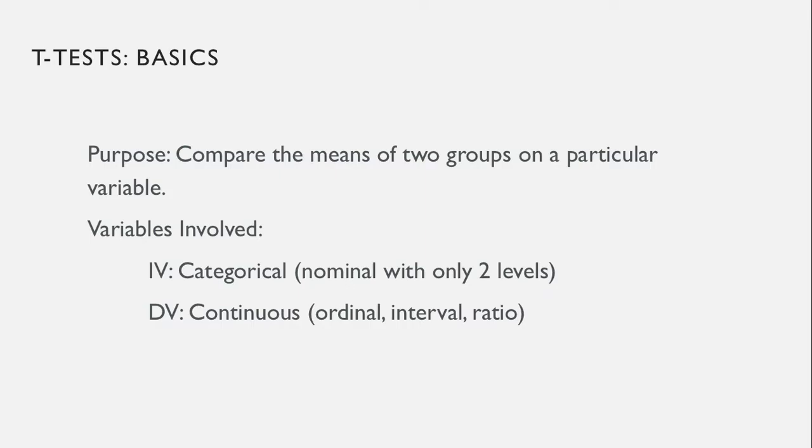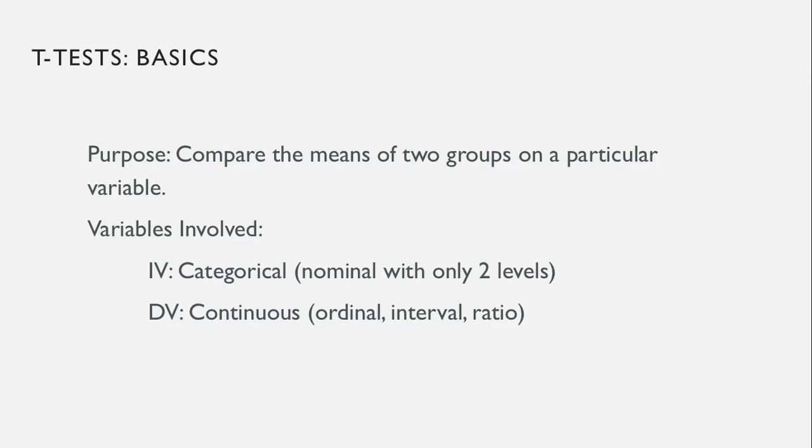If you're using t-tests to compare two different time points, there can only be two time points that you're comparing. No more, no less. You're comparing them on continuous variables. So the independent variable is categorical, nominal with two levels, and the dependent variable is continuous, or interval or ratio.